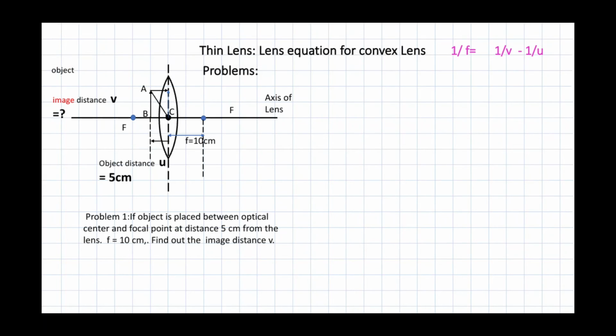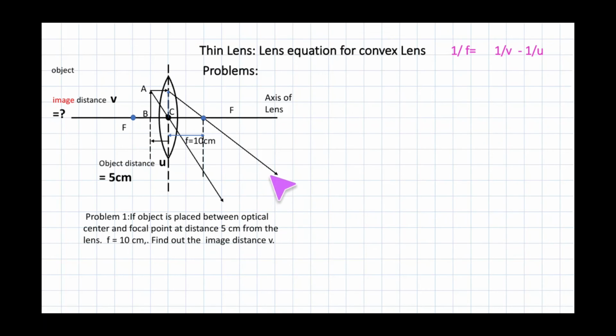Once it enters here, it refracts and passes through the focal point and goes straight, and another ray which passes through the optical center goes in this direction. From the figure you can see that these are not parallel rays, so they are diverging, that means going away from each other. This is going in this direction, this is going in this direction, so they will never meet each other.